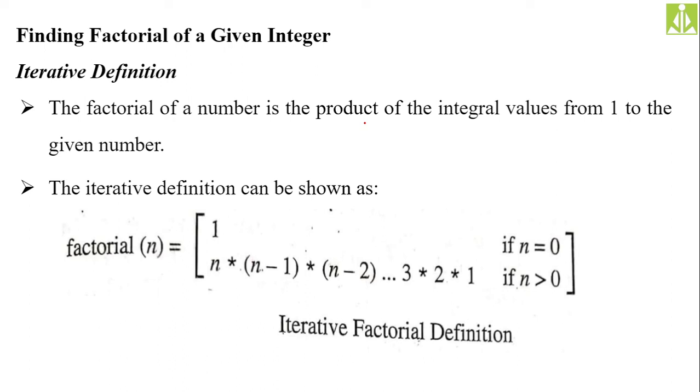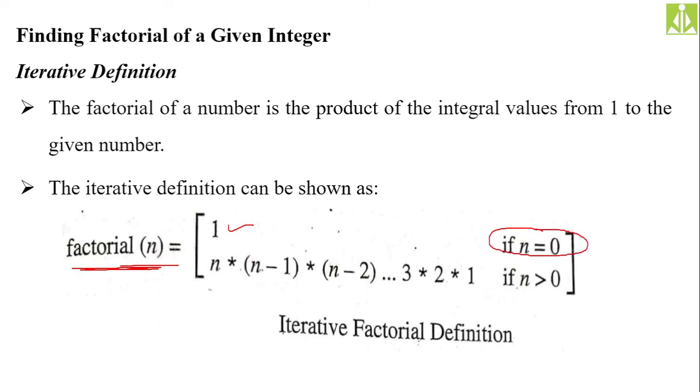So what will the iterative definition say? Factorial of n is 1 if the n value is 0. We know this, isn't it? Factorial of 0 is 1. So here we are finding the factorial of n, and this value will be 1 if n is 0.